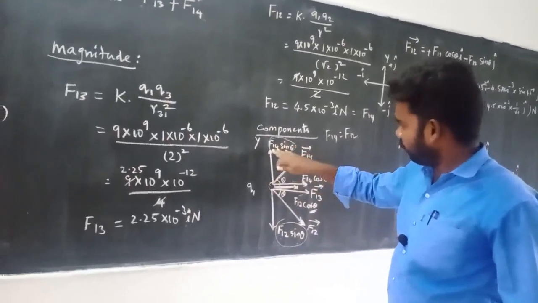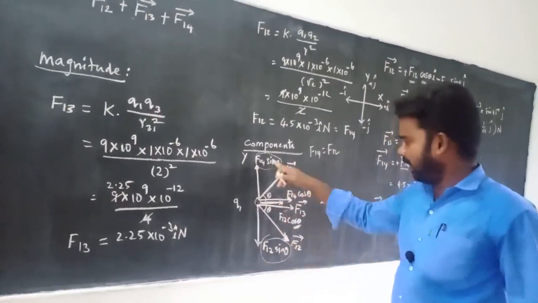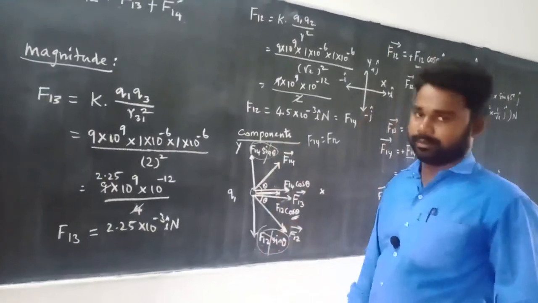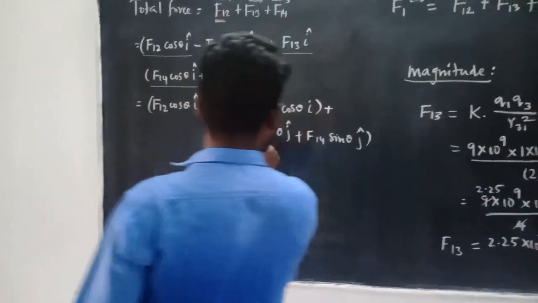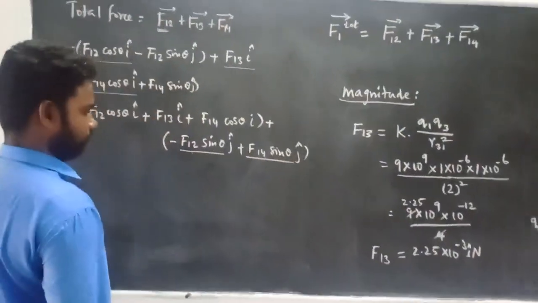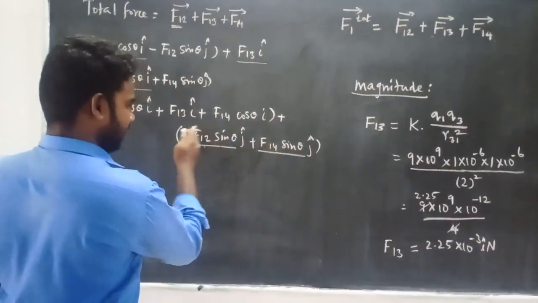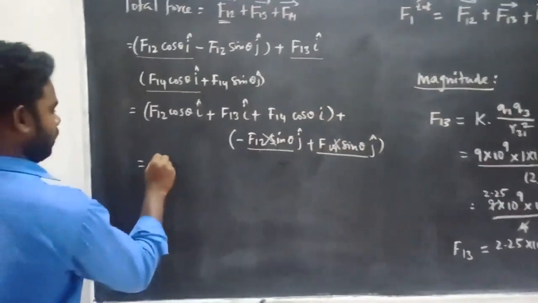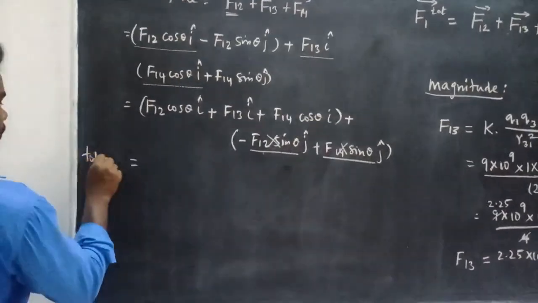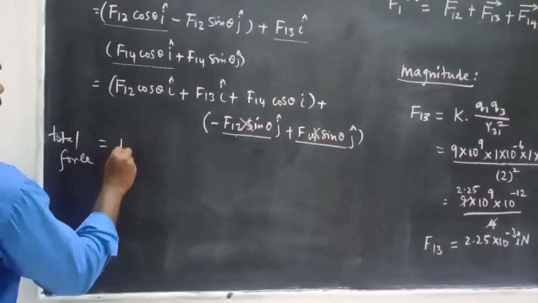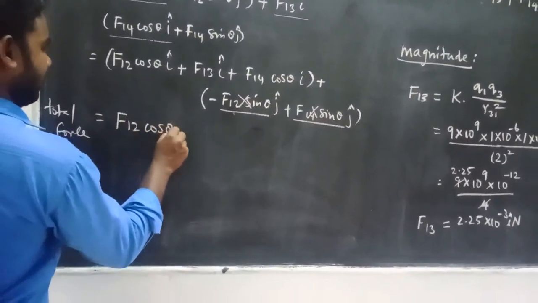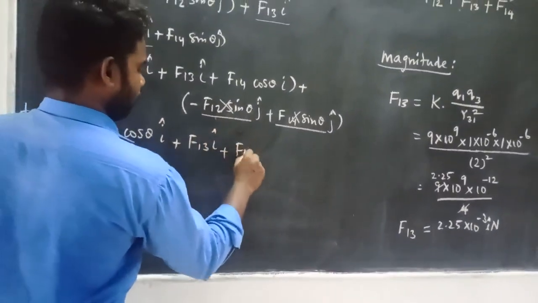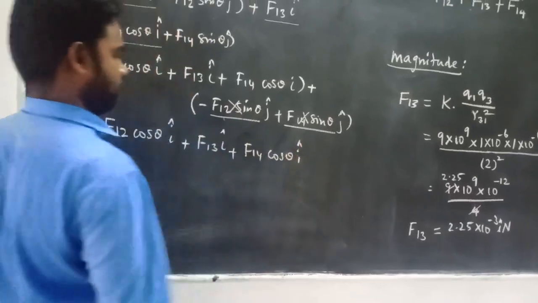So F14 sin theta and F12 sin theta are equal, but they are in opposite directions, so they cancel each other. Then you can write the total force is equal to F12 cos theta i cap plus F13 i cap plus F14 cos theta i cap.